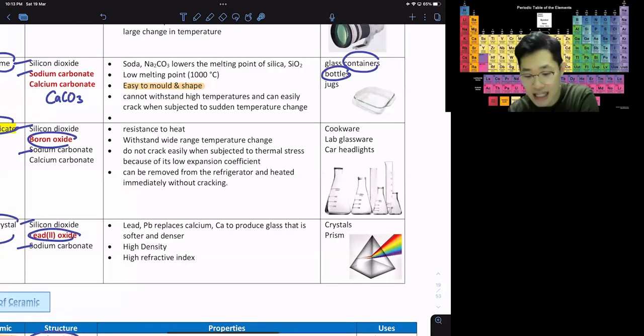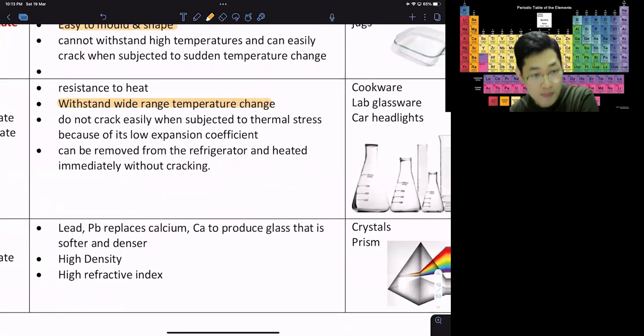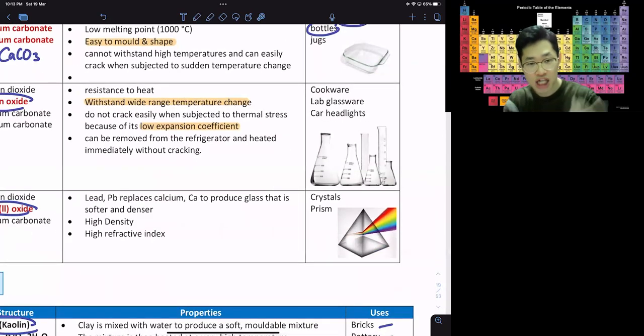Then borosilicate glass withstands a wide range of temperature change. You can write this one, or low expansion coefficient, which means they don't expand or contract a lot. Okay, not sensitive to the change in temperature.